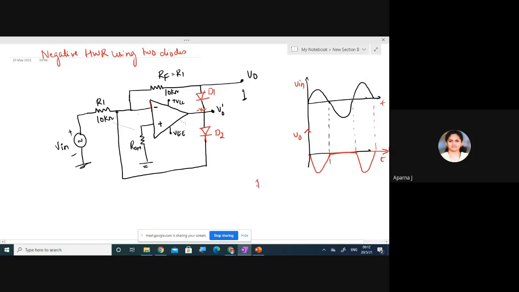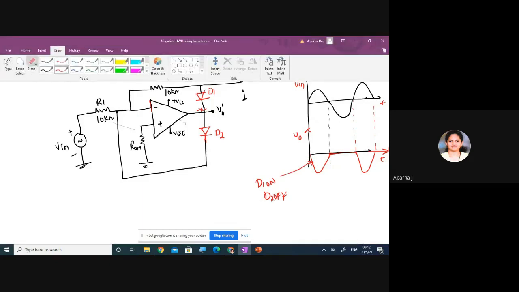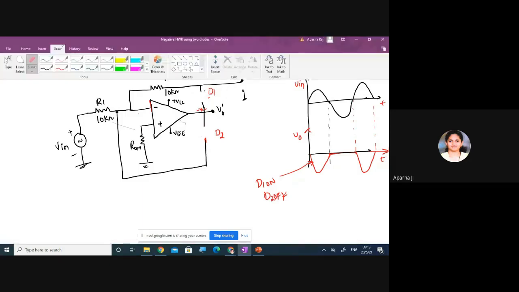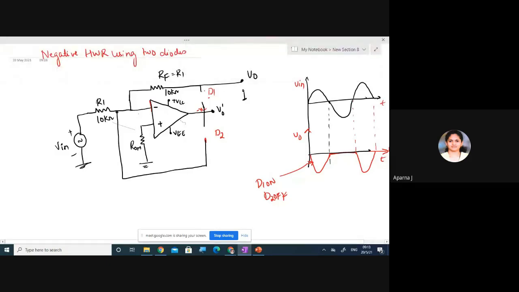So D1 is on and D2 is off in this case. So D1 on means it will be forward biased, and this is reverse biased.